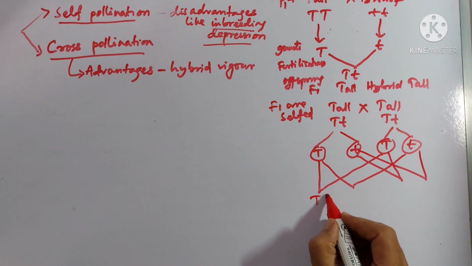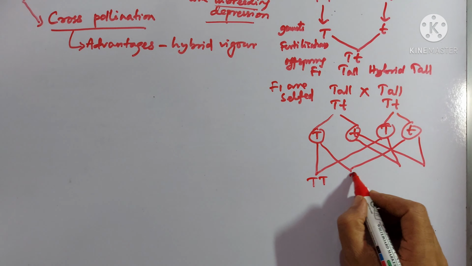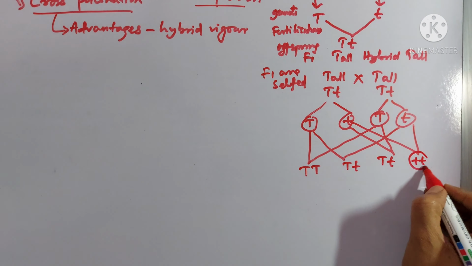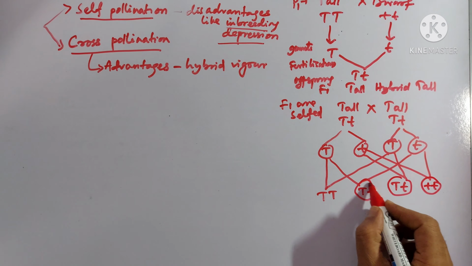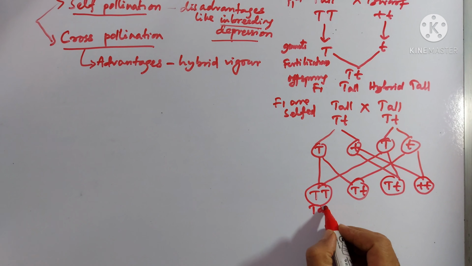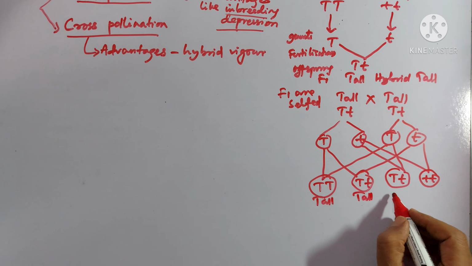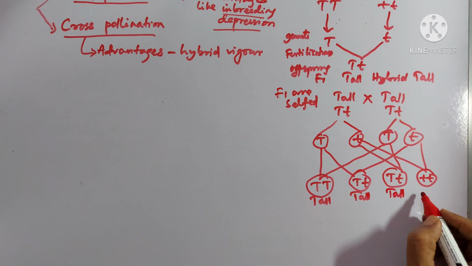So this is capital T, capital T, small t, small t. So here what happens? This is tall, this pure tall, this is hybrid tall, and this is dwarf.